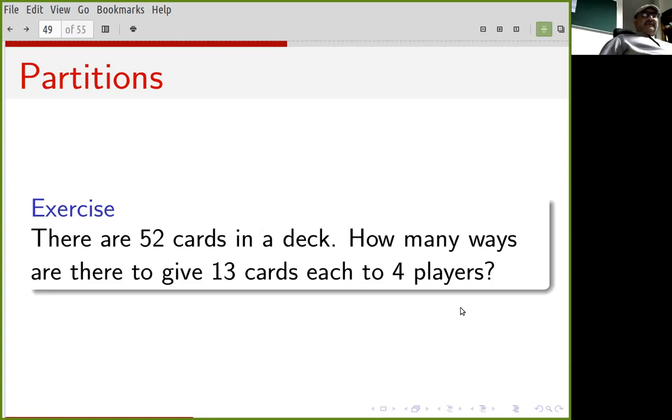So 52 factorial, considering them all distinct, but then divide by 13 factorial for the first player, who is holding 13 cards, then 13 factorial for the next player, then 13 factorial for the next, and 13 factorial for the last. So it's 52 factorial divided by 13 factorial, 13 factorial, 13 factorial, 13 factorial.